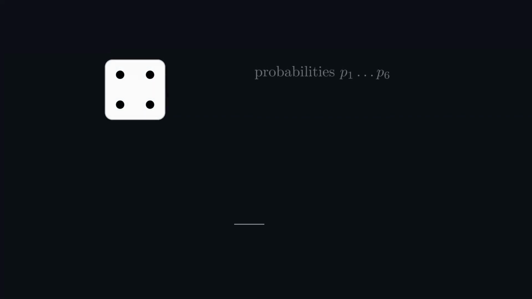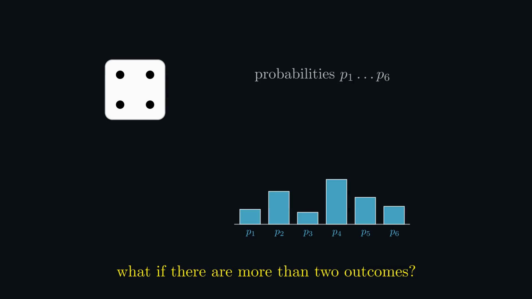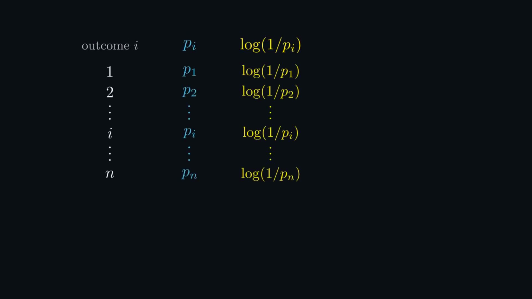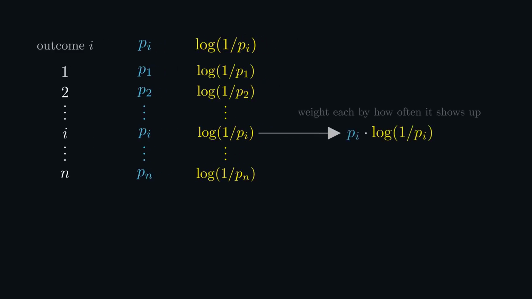2 outcomes was just a warm-up. What if a source has many more? A die, a letter of the alphabet, a pixel value, anything with a list of probabilities. Each outcome has its own surprise, log of 1 over its probability. To get the average surprise, we weight each one by how often it actually shows up.